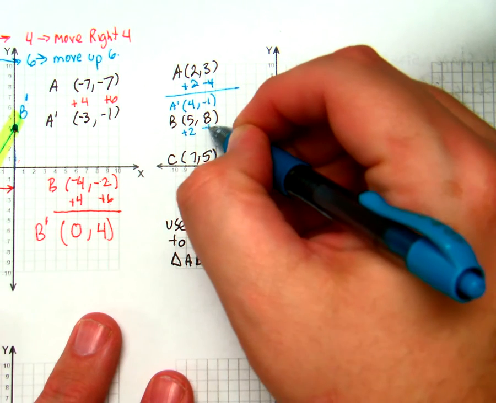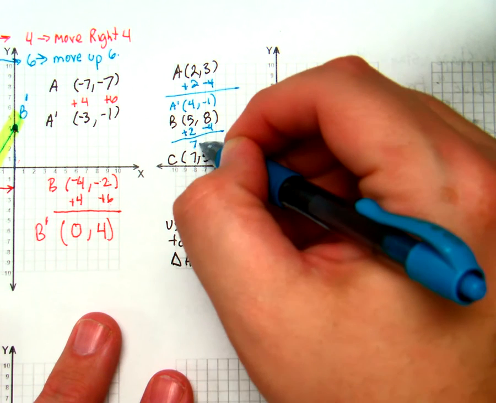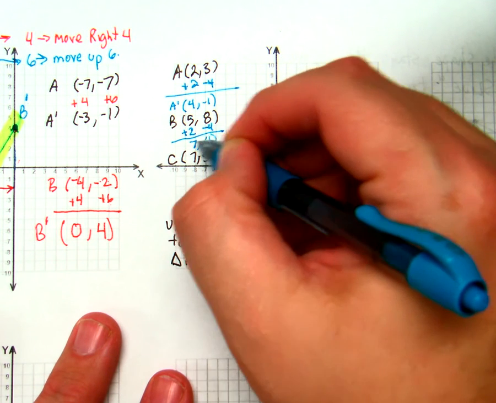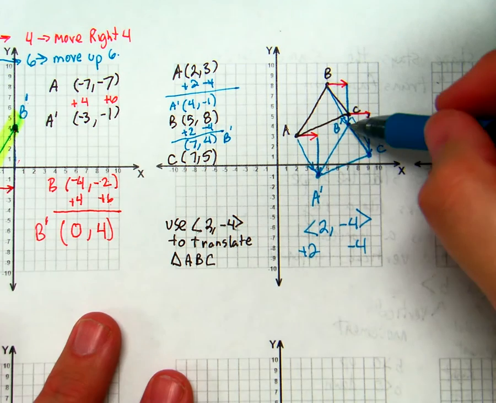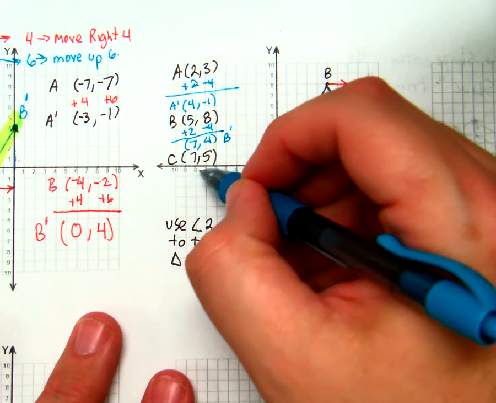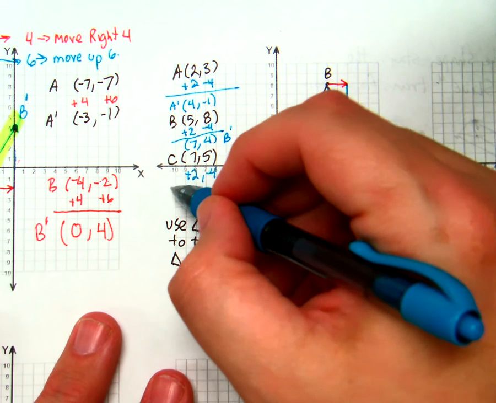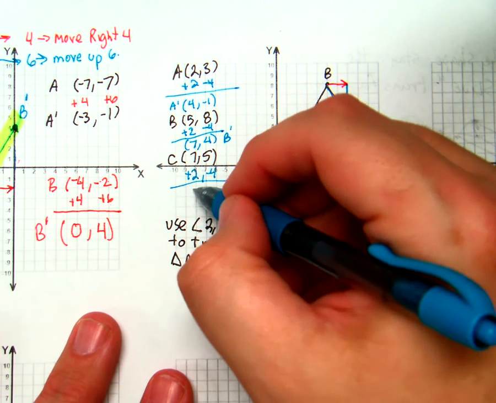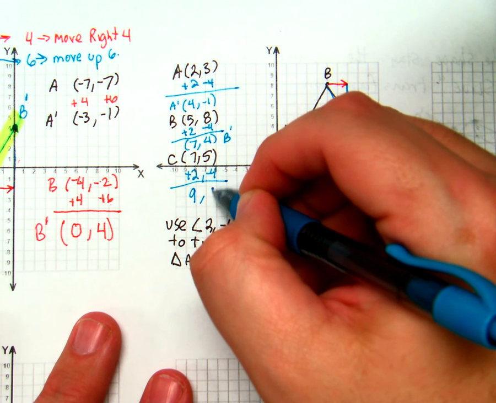And 8 minus 4 is 4. So 7, 4 should be B prime. And that's 7 and that's 4. So that worked. And C, same thing. Plus 2 minus 4. 9 and 1 should be C prime. There's 9, 1.